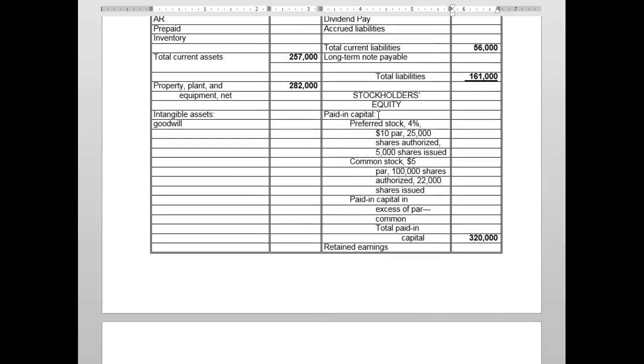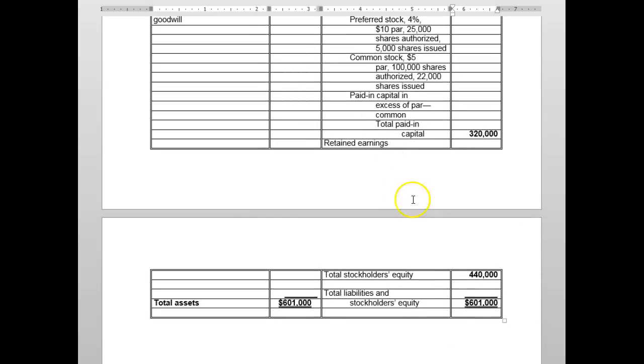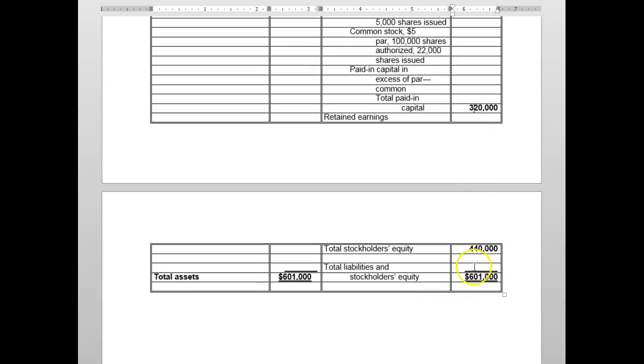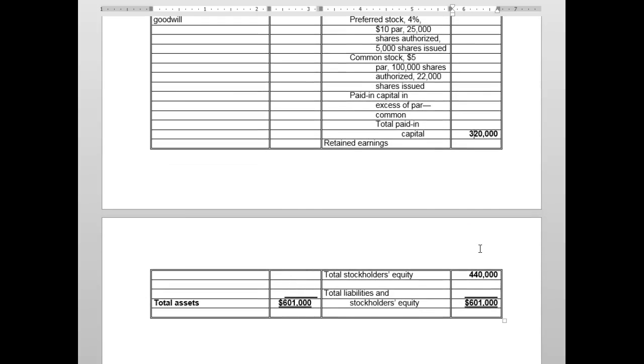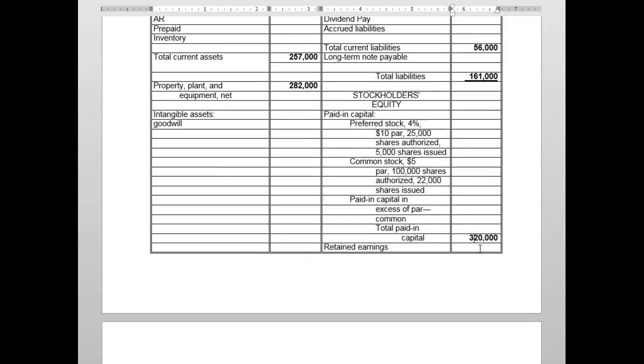So let's go down here, and what is our owner's equity? We've got this in stocks. We've got this including our retained earnings at $440,000. But preferred stocks are not included in true owner's equity because they can come and go.